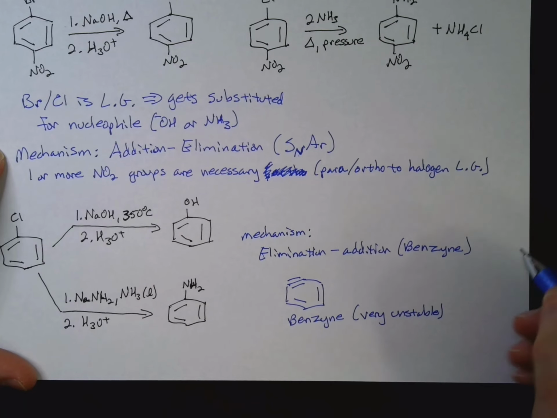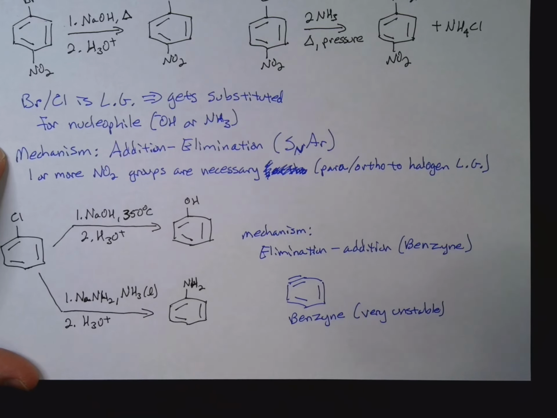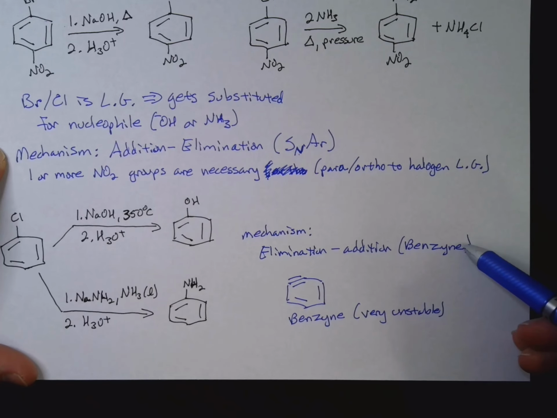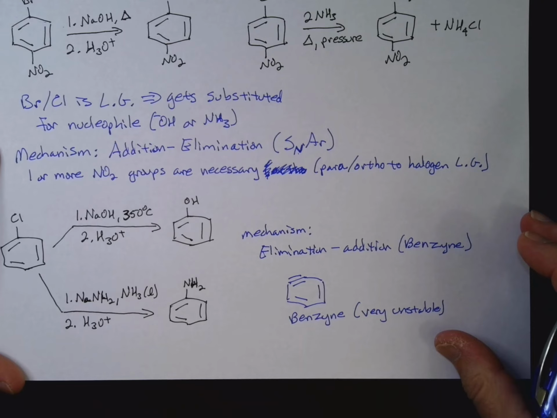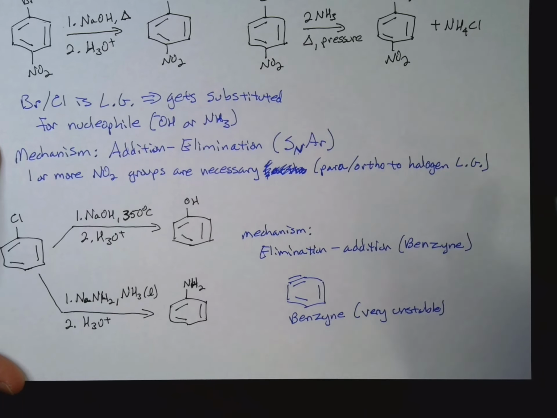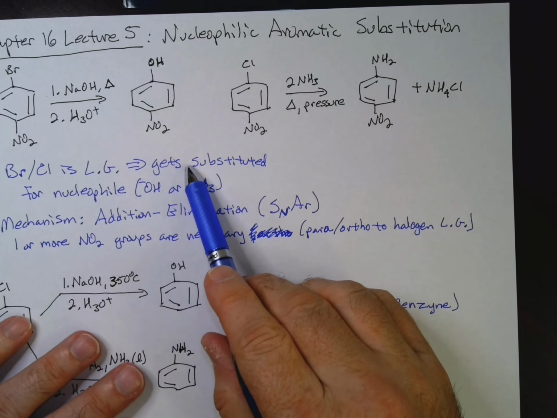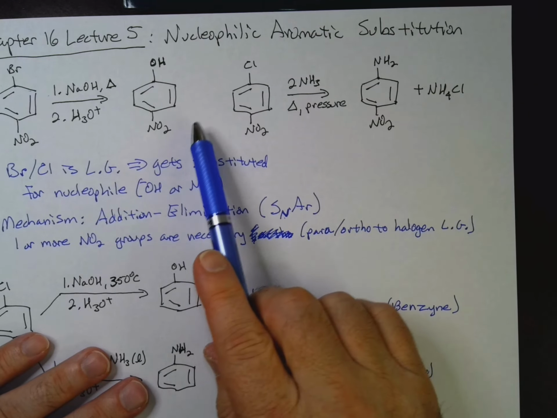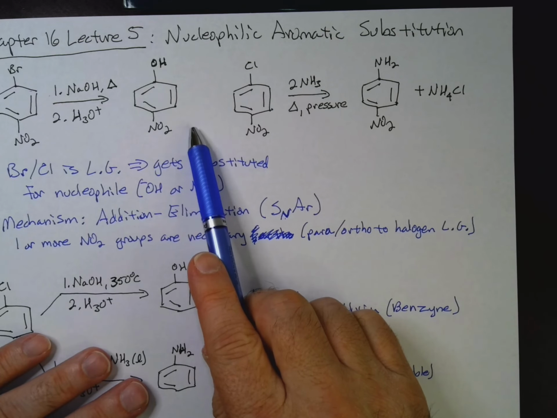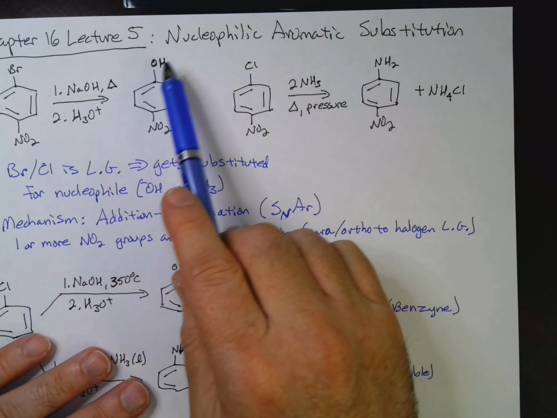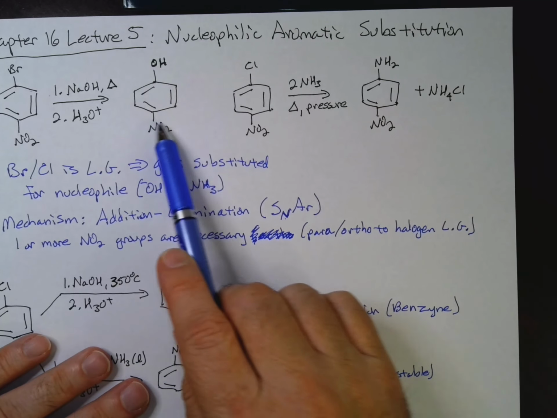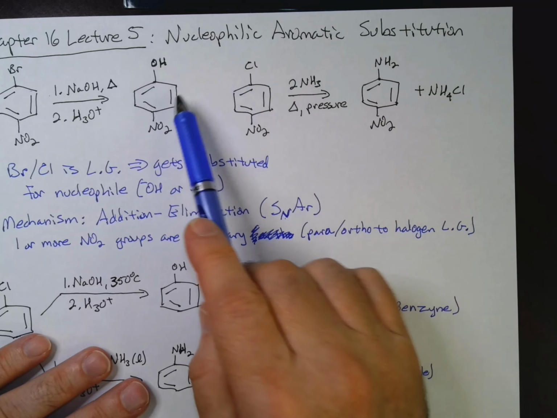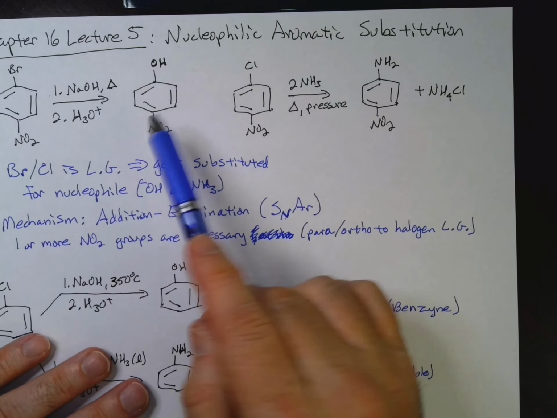And again, if you want to look at a mechanism for elimination addition, the benzyne mechanism, it is in the text. But again, I'm not going to hold you responsible for these mechanisms. That said, I think these reactions can be useful in synthesis. For one thing, it's a way to make a substituted phenol. You actually can nitrate a phenol, that's not a problem.